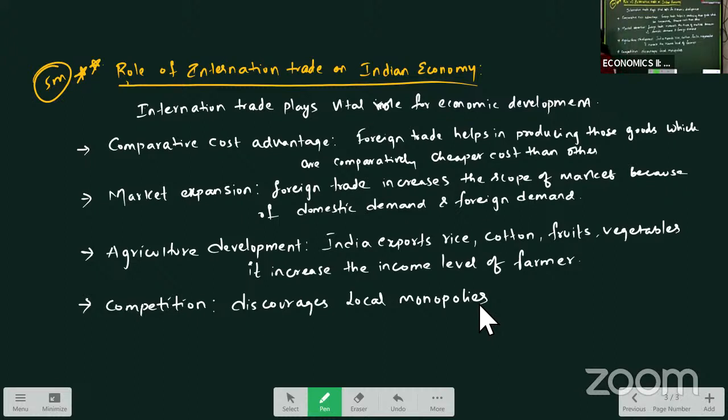When a local monopoly is charging a high price, we can import the good from other countries where the cost of the product will be less. So consumers can get the product at a lower price compared to the product given by the local monopoly. This benefit we have from international trade.